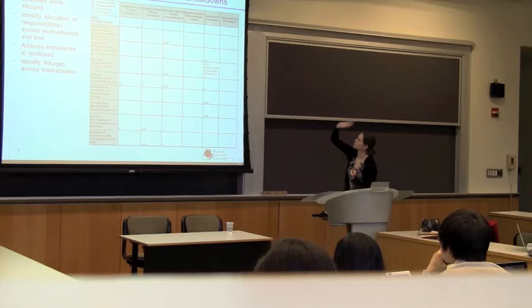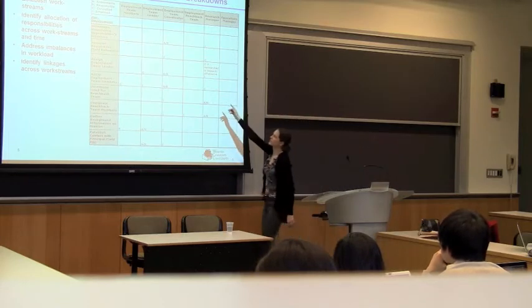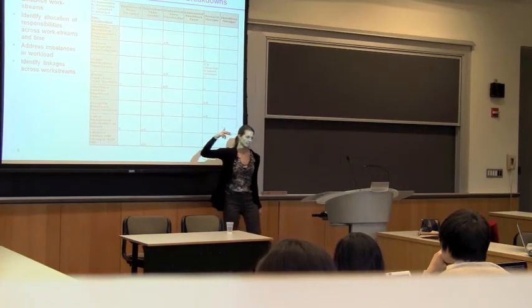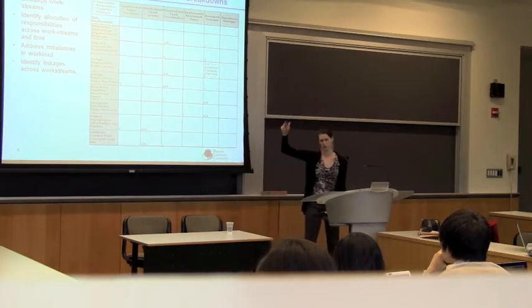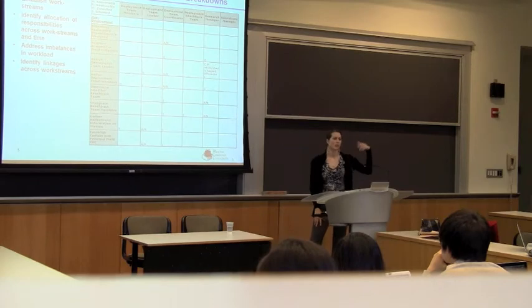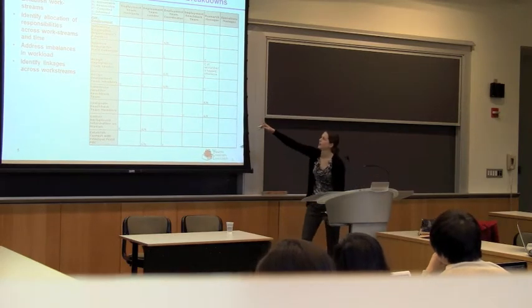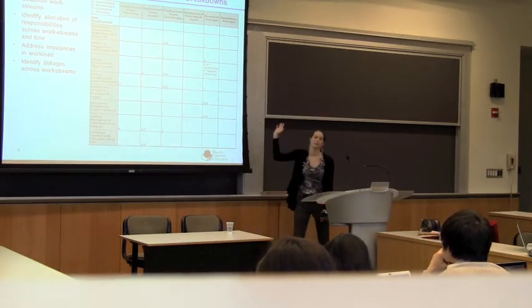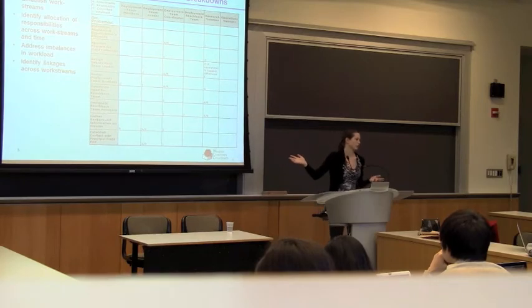So responsibility charts. Basically what this is, along the y-axis here, you have all of the activities that you have, normally in chronological order from top to bottom, identifying what it is that you need to do in order to reach your objective. And then along the x-axis, at the top, you'll have all the people on your given team. Those can be names or they can be roles if you're in an organization.